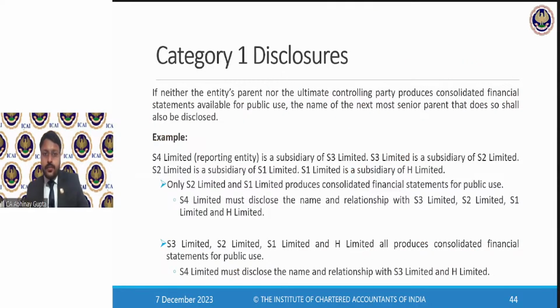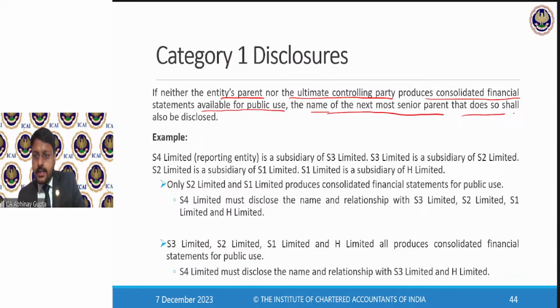Now, if neither the entity's parent nor the ultimate controlling party produces consolidated financial statements available for public use, the name of the next most senior parent that does so shall also be disclosed.